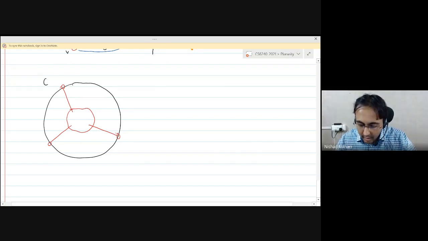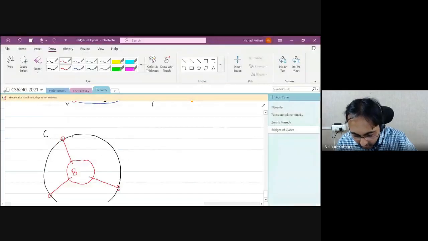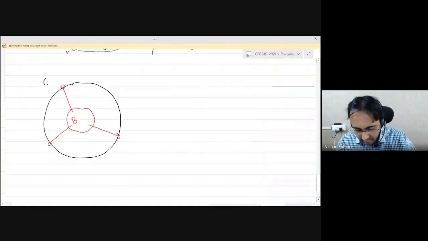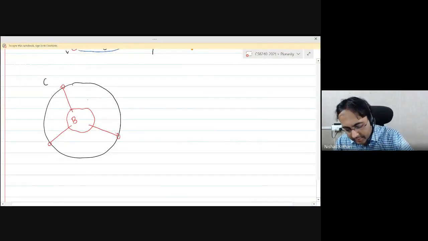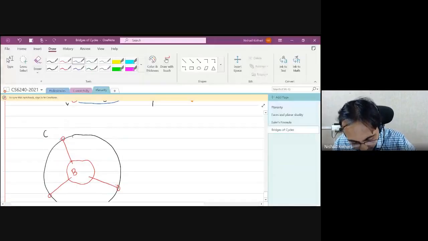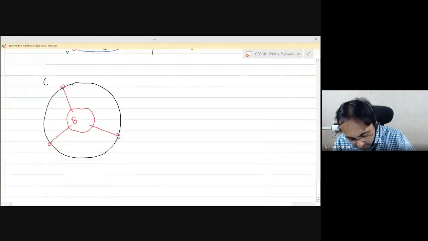This is the red colored bridge. Now let's say I have another bridge, blue colored, that is also a bridge of this cycle. Let me say this is the interior of the cycle and this is the exterior of the cycle.